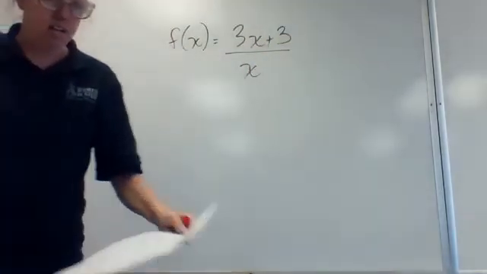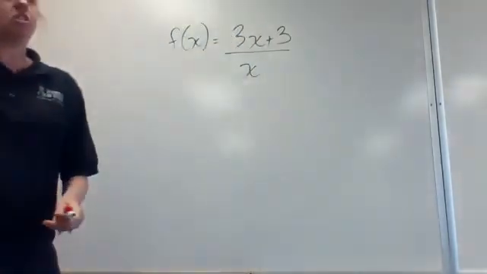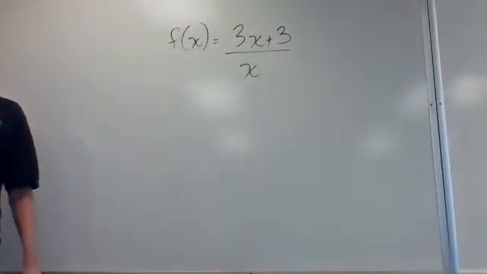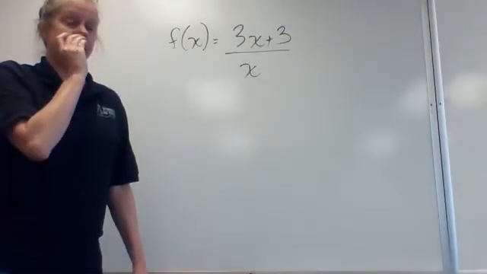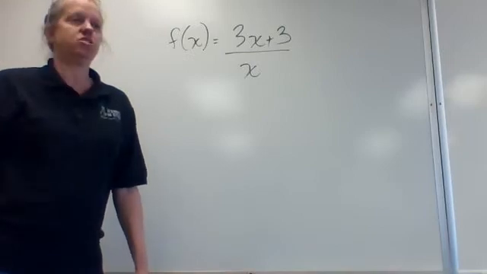So again, even though it doesn't just come out and say, find the zeros of the numerator and the denominator, I'm going to go ahead and do that because that's actually going to help me answer a lot of the questions.